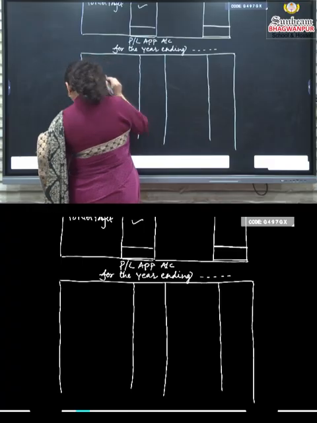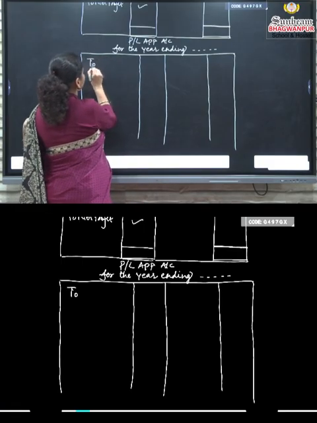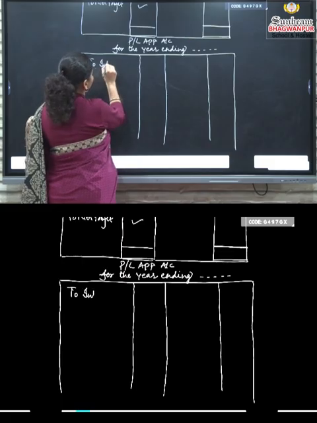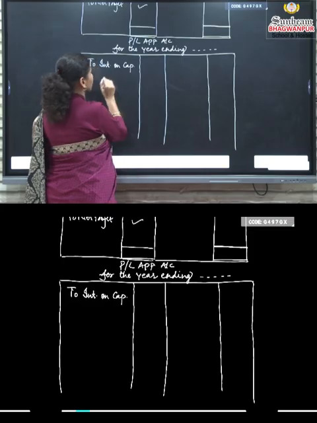And then let us record the very first item. I am discussing the format of PL appropriation account.